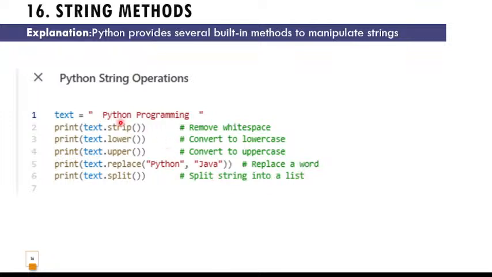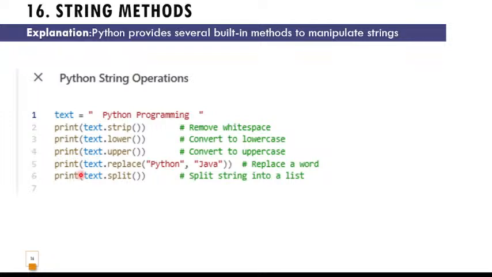Instead of Python, it will replace Python with Java, and then the output will be Java programming. Okay, now the last one is print text dot split, and this basically helps us to split the text.